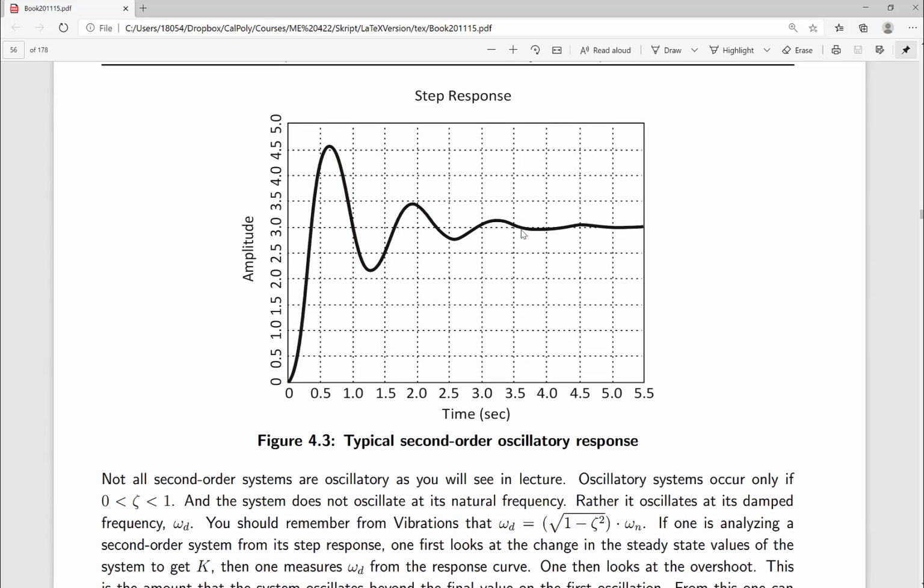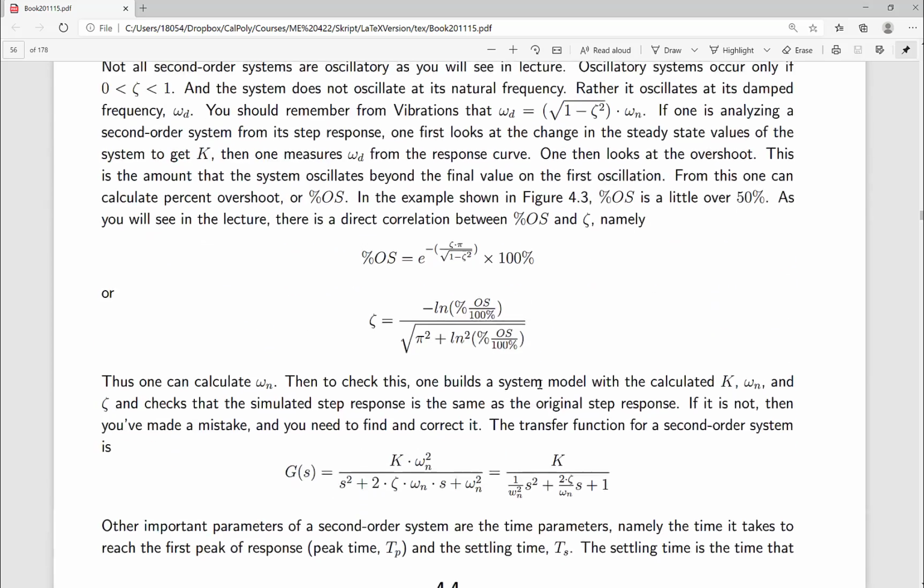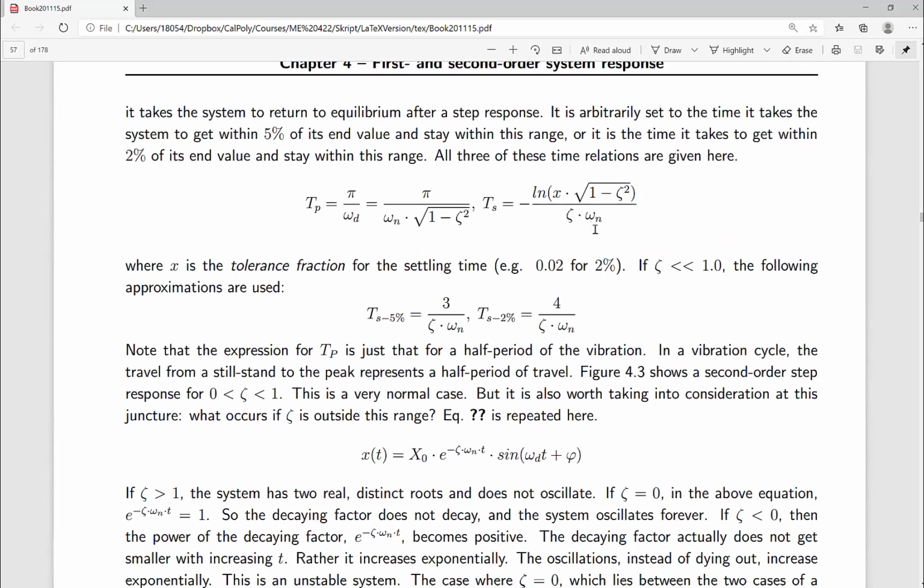Now, of course, that depends upon how big the band is, how big a tolerance you give around here. And that's actually in this formula here. But what's known and used all the time in industry is a settling time related to a 5% band. So when you go within 5% of the final value and you don't come back out of it again, that's this settling time.